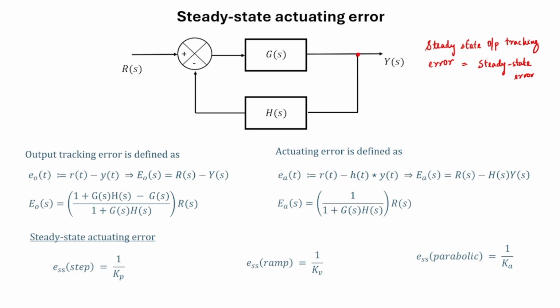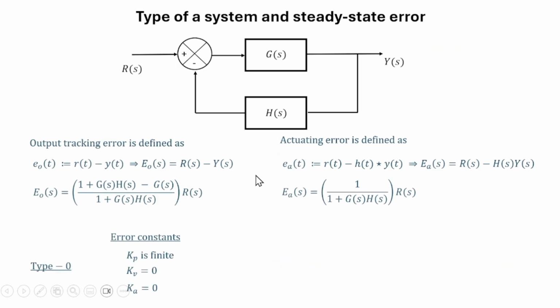Basically, it is the error between the reference and the output as t tends to infinity. Now, in this case, there is no direct relation between the error constants and the steady state output tracking error, or steady state error. So we cannot use the error constants in that case. However, we can infer about the steady state actuating error by using the error constants that we have found out.